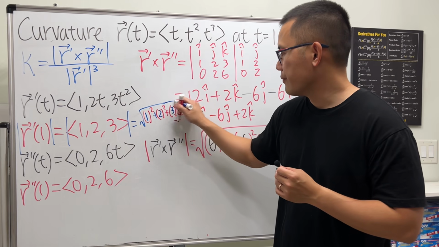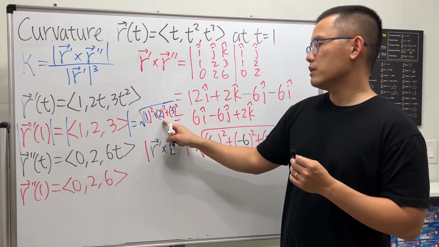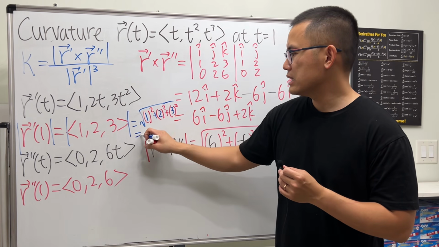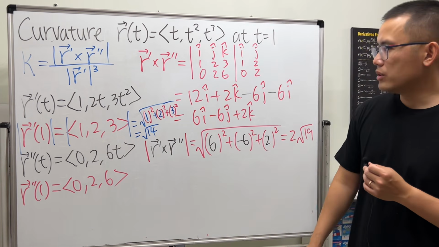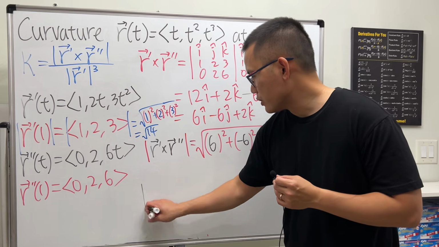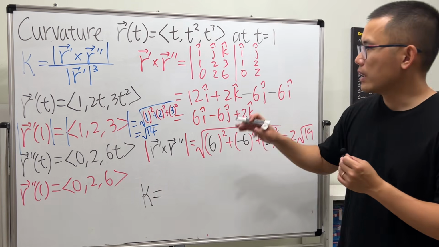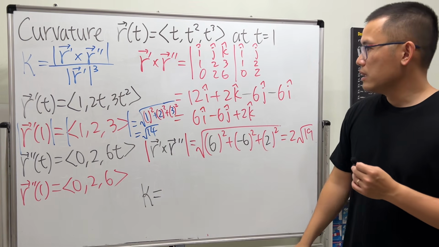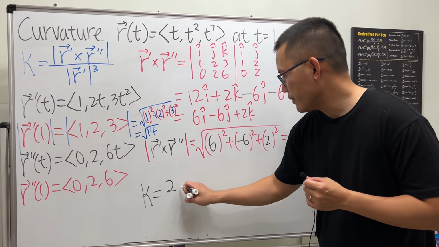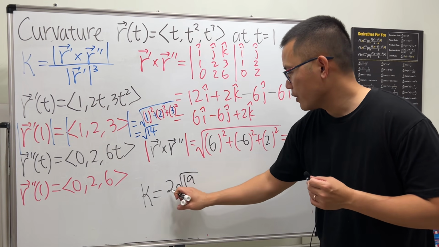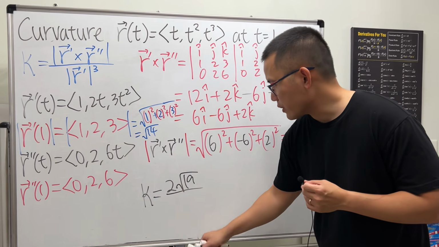So that's 1 plus 4, 5, plus 9 is 14. So, ladies and gentlemen, the curvature kappa at t equals 1 is just going to be this divided by square root of 14. So 2 square root of 19 over square root of 14.